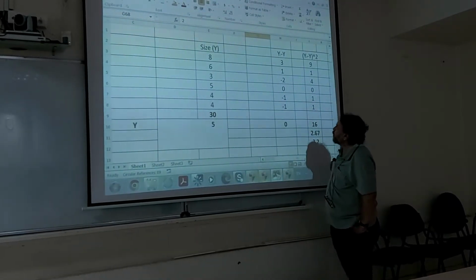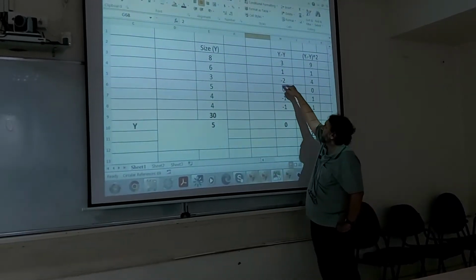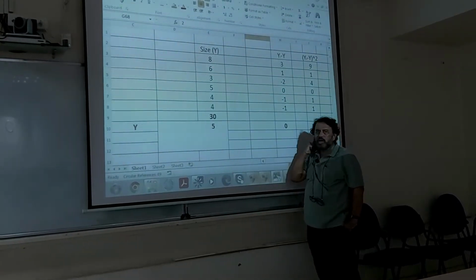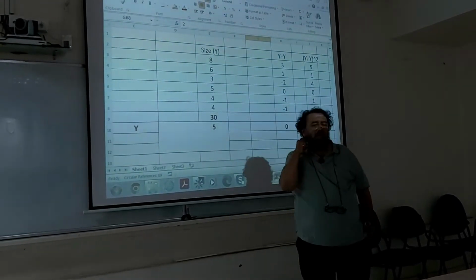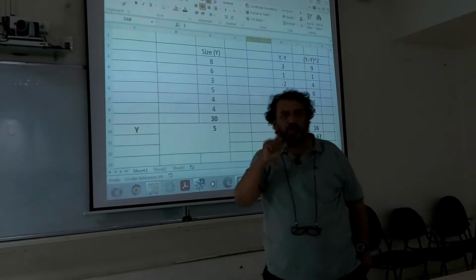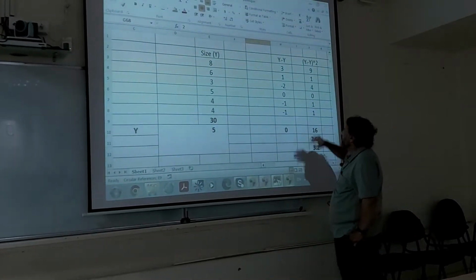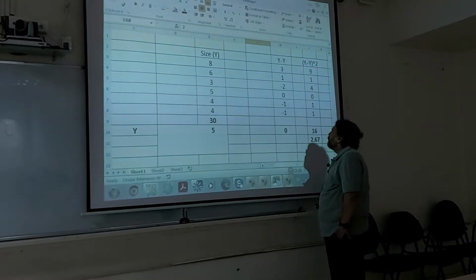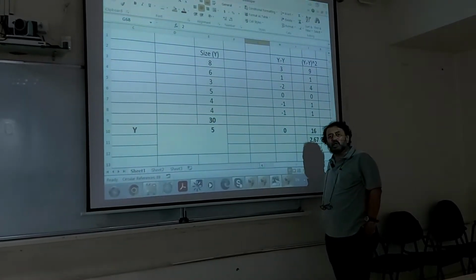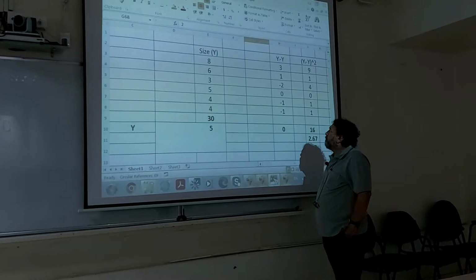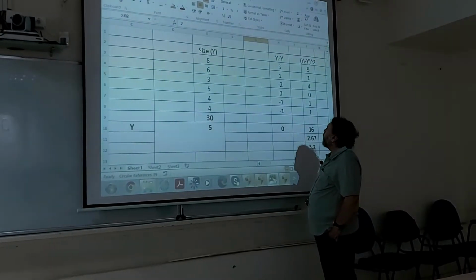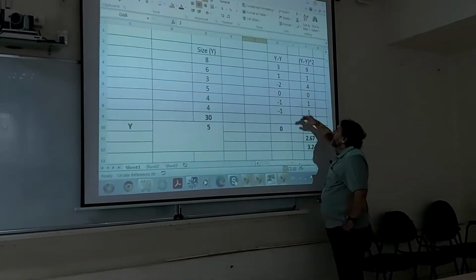So the problem may be due to sign, so I can ignore the sign and add up. If we do that, that is called the mean absolute deviation. I'm ignoring the sign. When it is negative, I consider it as if it is positive and add it up. This is also a good measure, but we'll return to a more popularly used measure.